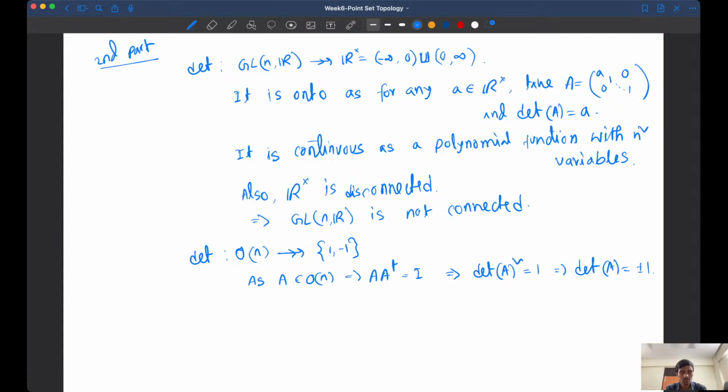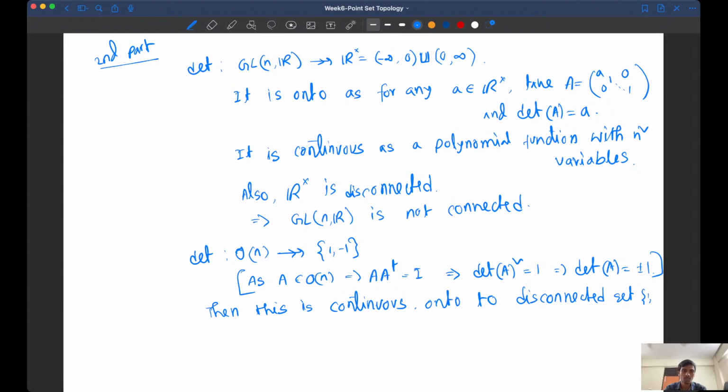So this map is again onto as well as continuous, onto the disconnected set {1, -1}.